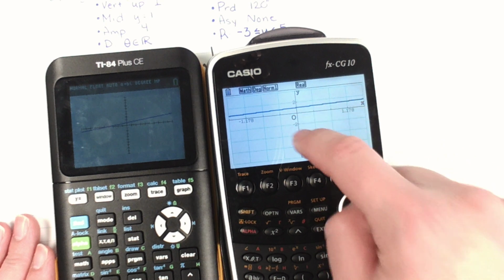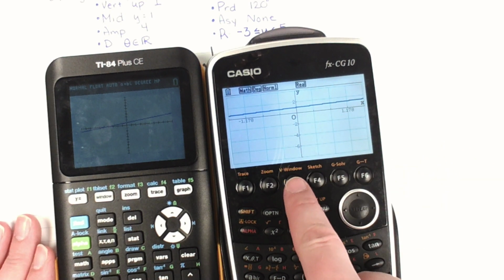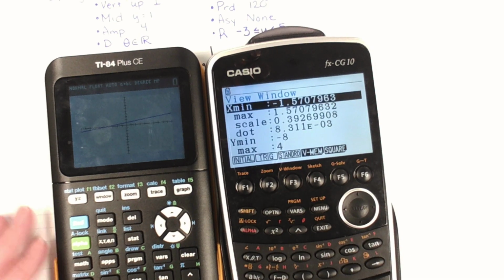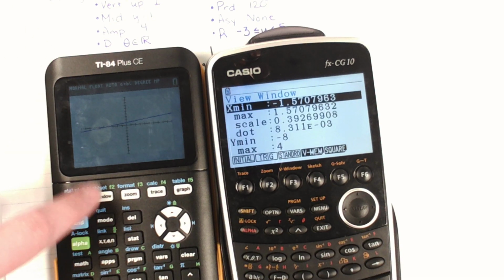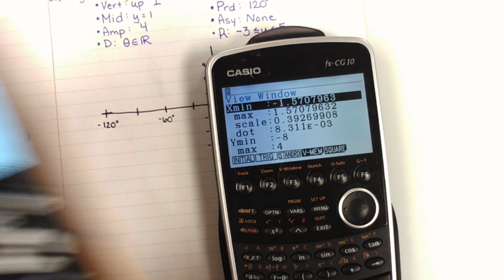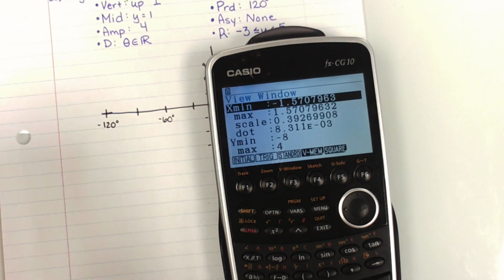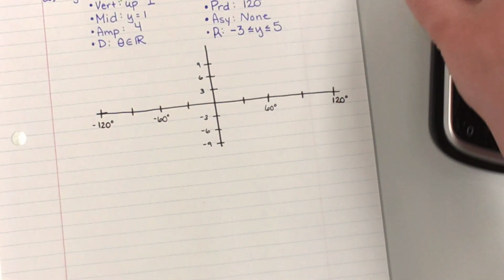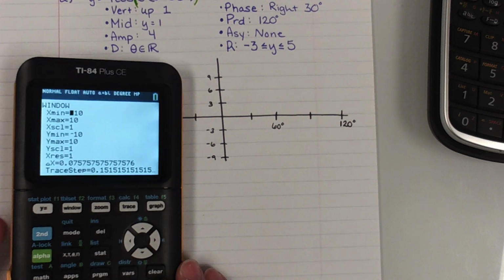On the Casio, when you're in your graph, you can just click F3, or when in doubt, click Shift. It'll tell you your options. Viewing window. On your TI, window. Both of them have essentially the same things, but they won't both show up on screen at the same time because the camera hates them.